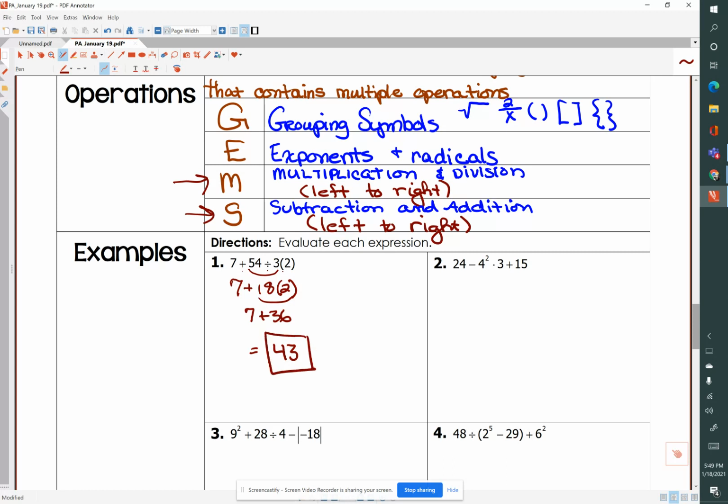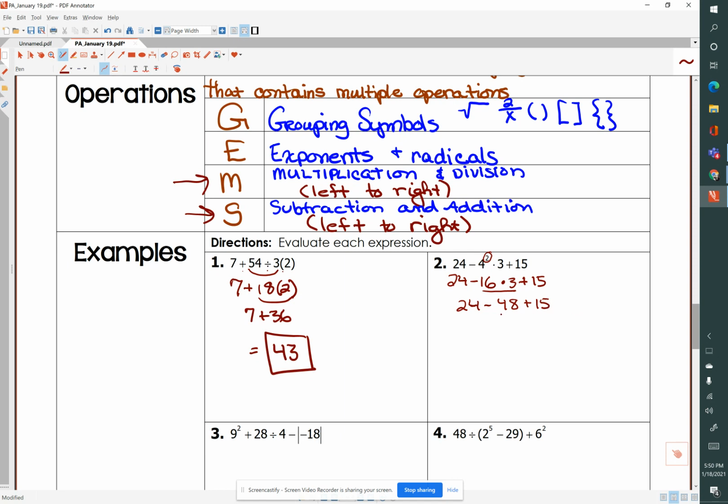Number 2, I see 24 minus 4 to the second power times 3 plus 15. So we're going to start with that exponent, 4 to the second power. So 24 minus 16 times 3 plus 15. The next thing I'll do is the 16 times 3. 24 minus 16 times 3, which is 48, plus 15.